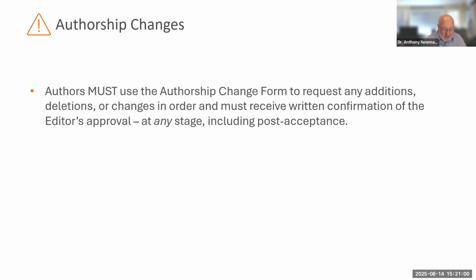And typically, the additions are for things like extra experiments that needed to be done. It's not right to add someone as an author just because they have happened to polish up your revision. That's not true. That's an acknowledged individual.